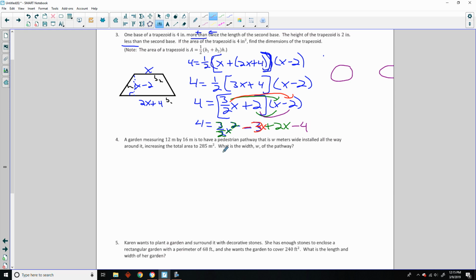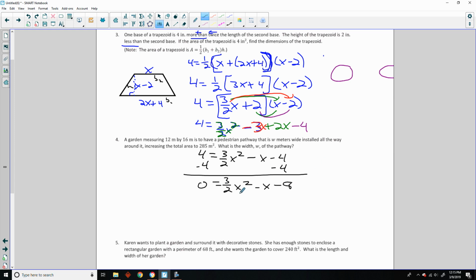So I made a mistake there. So now the proper equation is 4 equals 3 halves x squared minus x minus 4, because minus 3x plus 2x is negative x. And I want to get this equal to 0, so I subtract 4 from both sides, and I get 0 equals 3 halves x squared minus x minus 8.